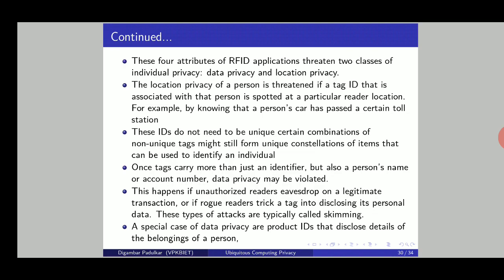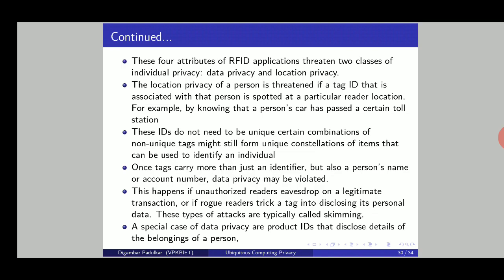The IDs do not need to be unique. Certain combinations of non-unique tags might still form a unique collection of items that can be used to identify an individual. Once tags carry more than just an identifier but also a person's name or account number, data privacy may be violated.